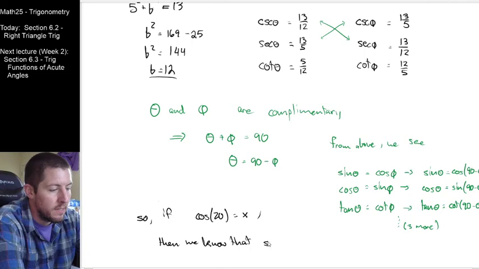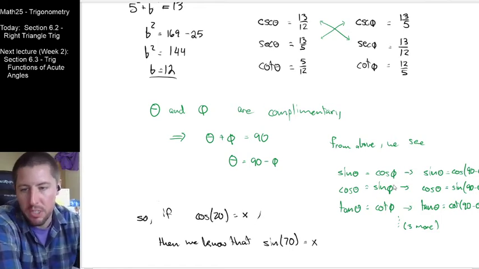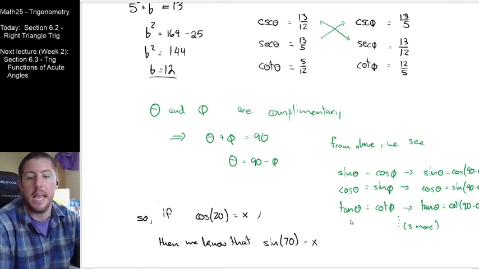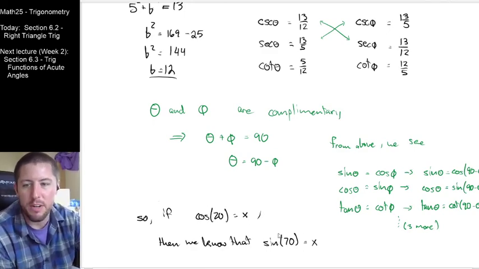So sine of 70 must also be equal to x. We can use these complementary relationships to take information about one trig function and get information about a different trig function.